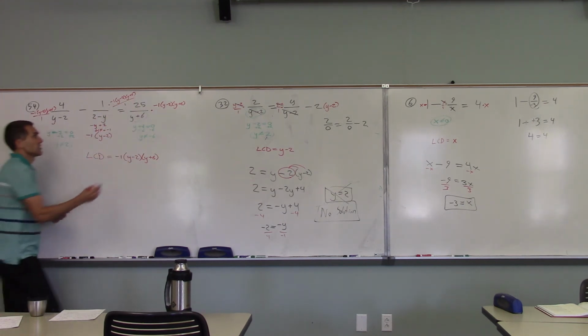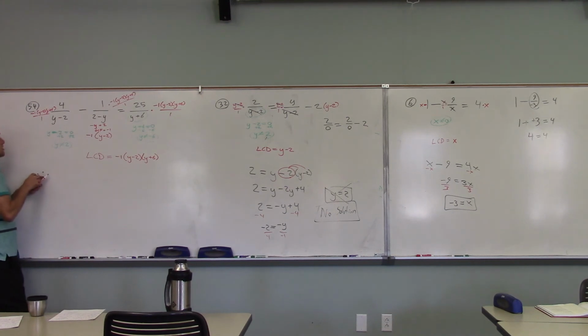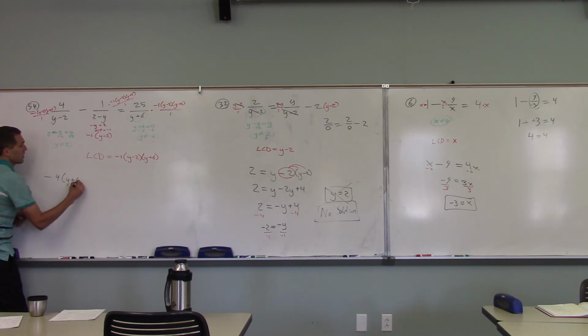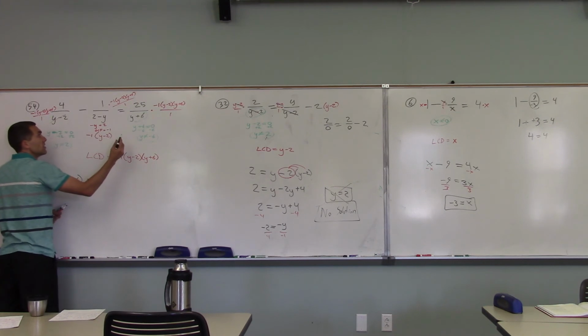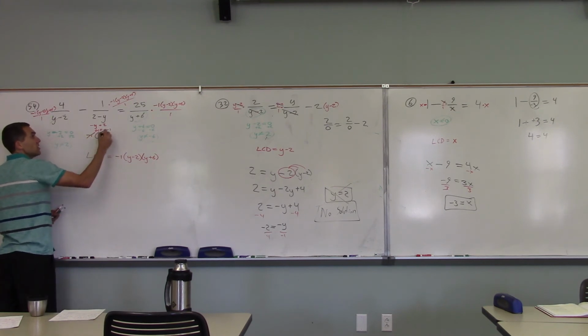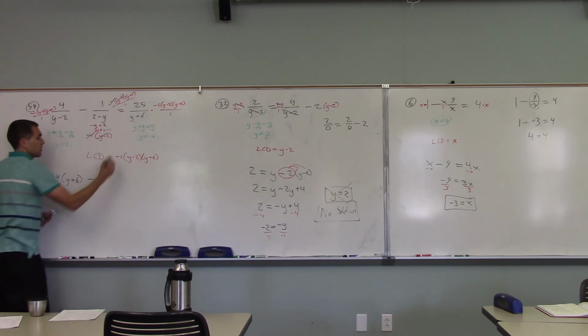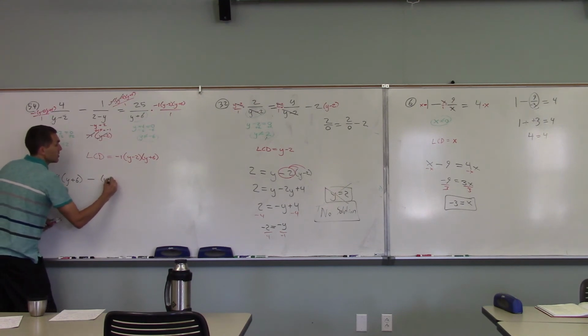Okay, so what cancels in the first one? Y minus 2. Yeah, so you're left with negative 4 times y plus 6, okay, minus, what cancels in this next one? Negative 1 times y minus 2. Yeah, so those two cancel, and we're left with minus y plus 6.